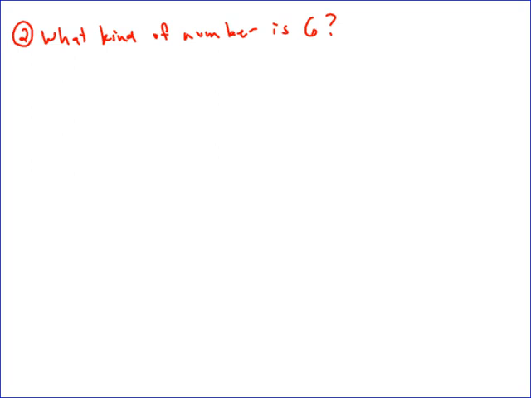We look at these numbers, and we have 1 times 6, and then 2 times 3. So the factors of 6 are 1, 2, 3, and 6. When we're talking about is it abundant, perfect, or deficient, we don't worry about the number itself. So we add these up, and we find out that 6 is a perfect number.